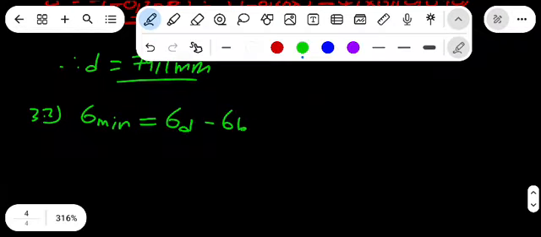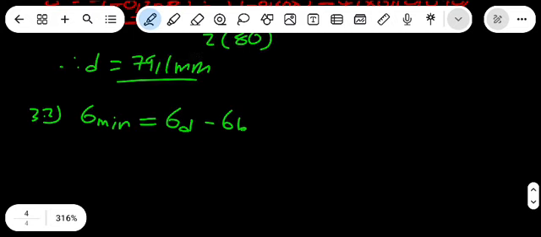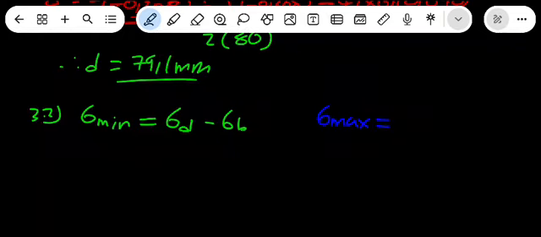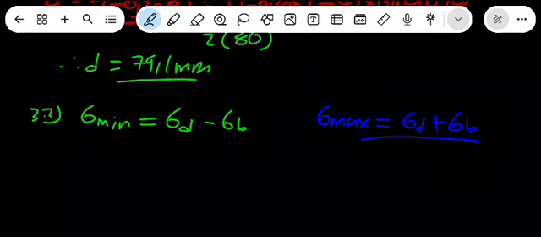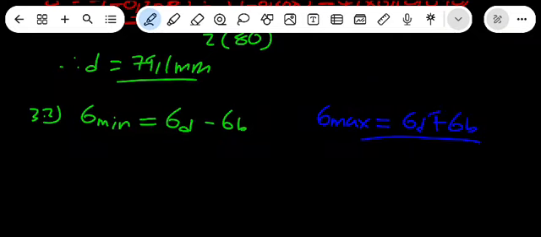What about the maximum? The maximum resultant stress will be direct plus bending. Do not forget, when it's minimum you subtract, when it's maximum you add.